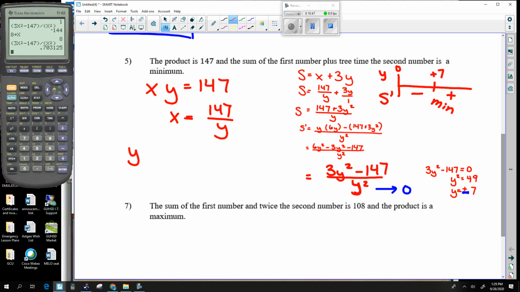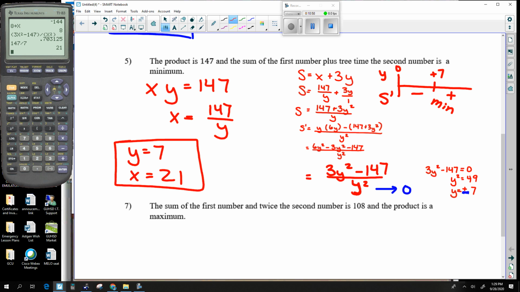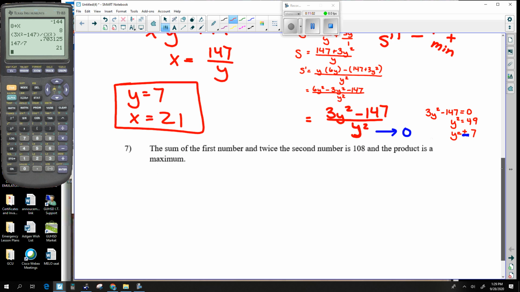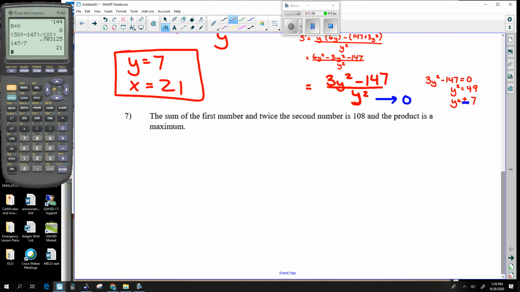So if y is equal to 7, that implies that x is equal to 21. The sum of the first number and twice the second is 108. The product is a maximum.